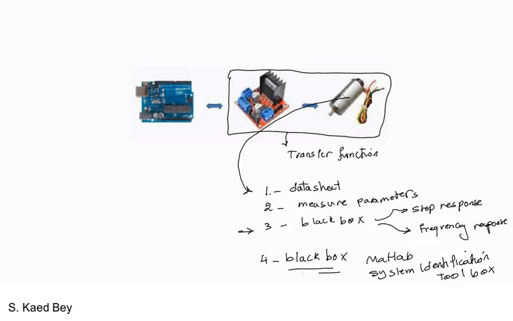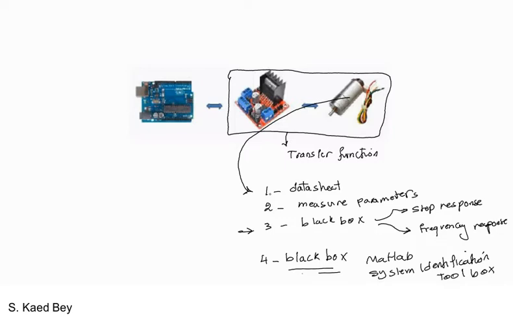So in this video we will show you the procedure of how we estimate roughly the transfer function for both the motor and the driver. To do this, we will assume both are a black box, and we shall put various inputs.